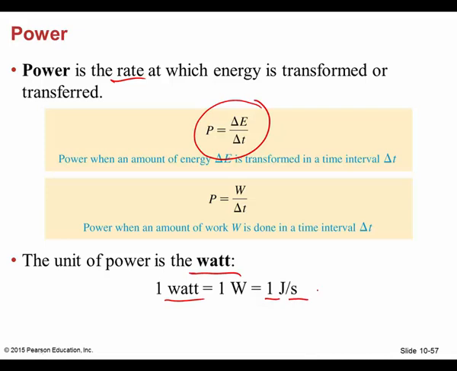Anytime 1 joule of energy is expended during a time interval of 1 second, then we have used 1 watt of power. So we can write it this way, and we can write it this way. Notice that these are equal to each other. Now, more formulas and more units to put on your formula card.